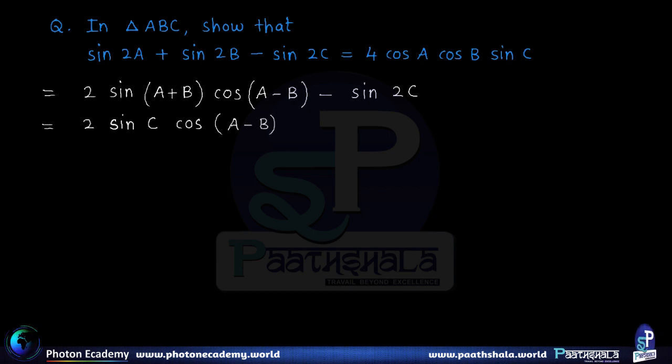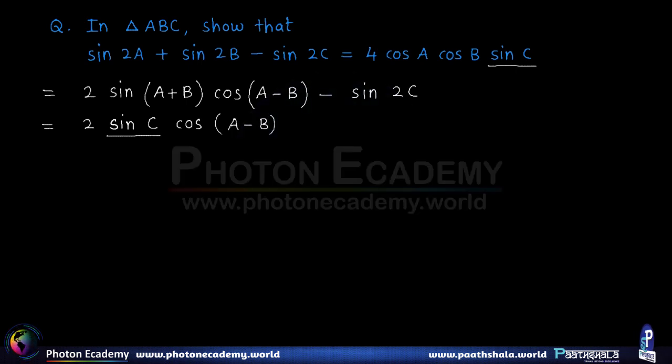The reason behind doing the transformation is that sin C is the term required in the RHS.